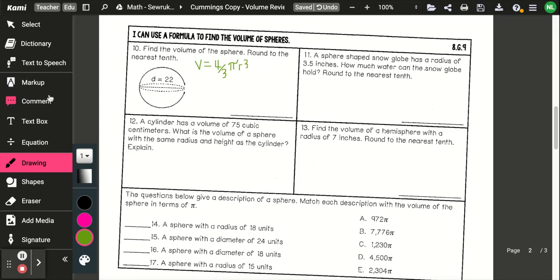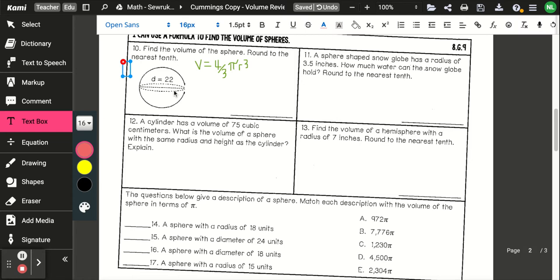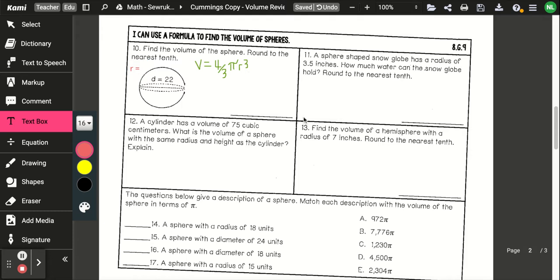So you do not have the r value. You don't have the radius. You only have the diameter. So you need to go ahead and figure out what the radius is, which is half of the diameter, and then you can fill in your formula, and you need to round to the nearest tenth.